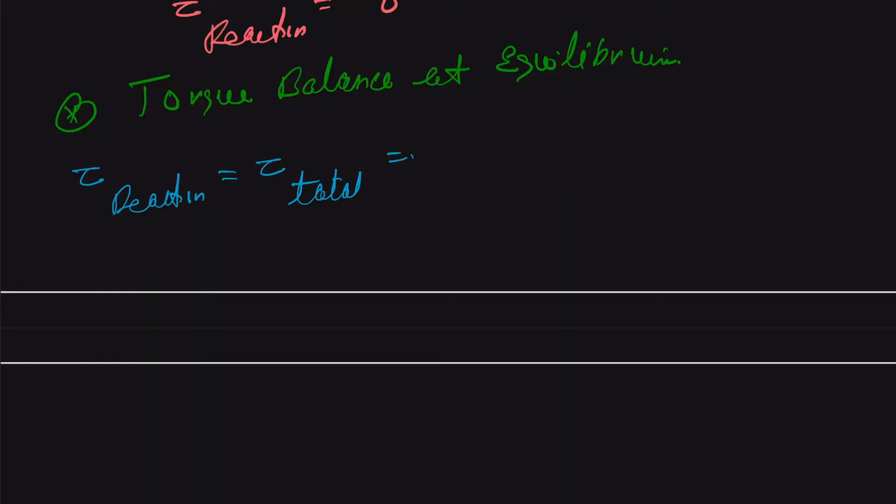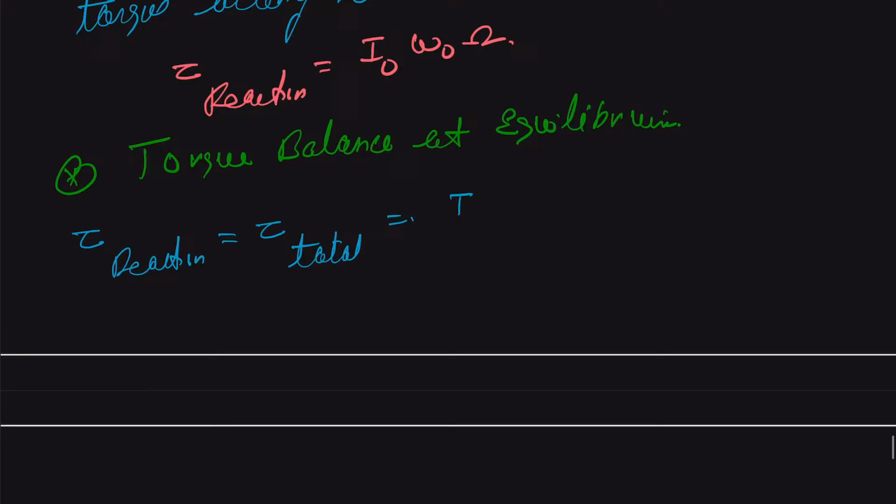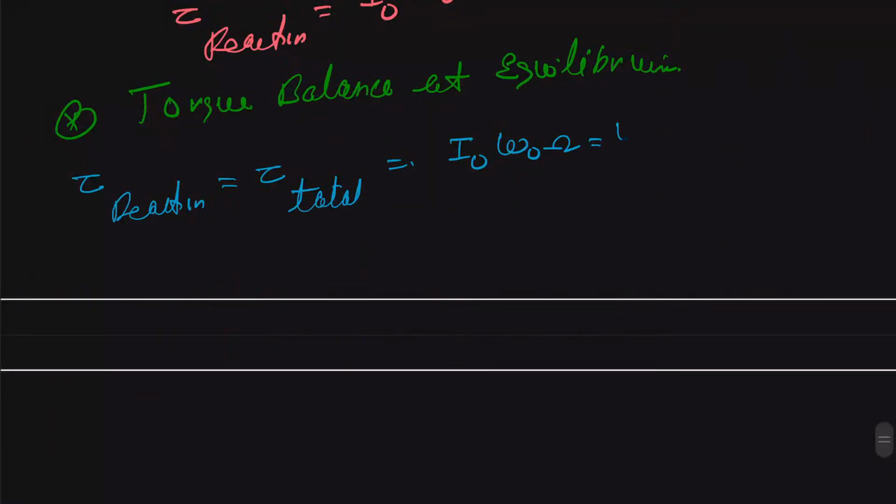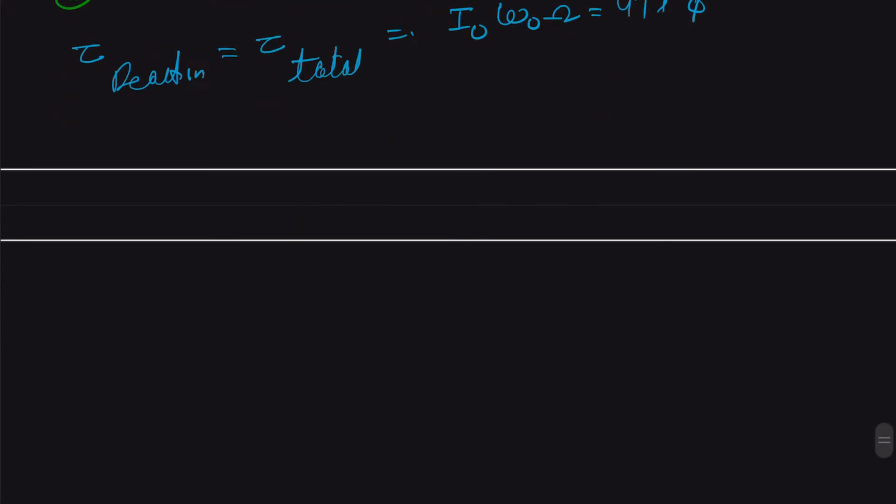So we substitute it: tau reaction is I naught omega naught times omega, and tau total is 4TL phi. And from here we get that phi is equal to I naught omega naught omega divided by 4LT. So this is our small angle.